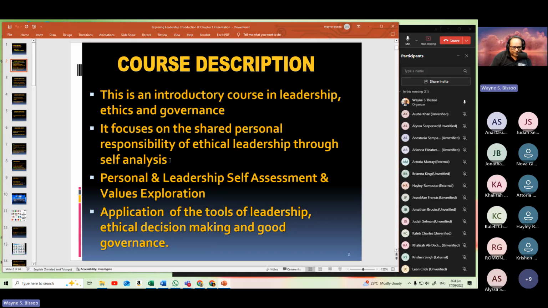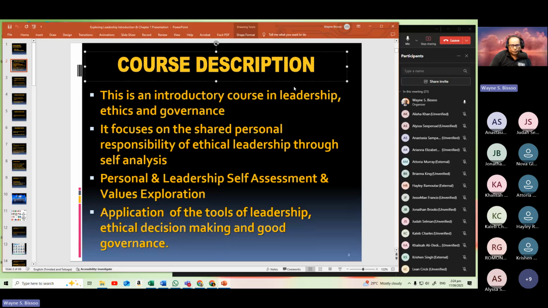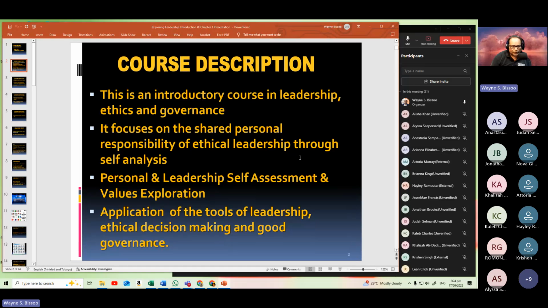You all know already about the assignment on self analysis. Then we have to do the evaluation of our leadership potential. That comes with the leadership action plan coming up at the end of the semester. A lot of the things that we're going to cover in the class, we're going to be looking at doing some additional reflections on it. The midterm does that. The debate kind of puts into practice some of the things that you're going to be doing as well.